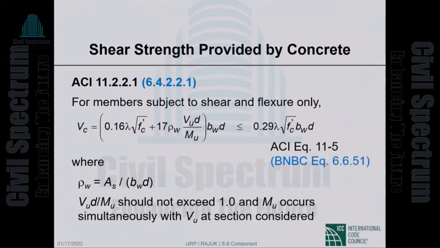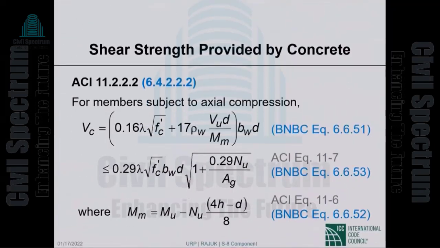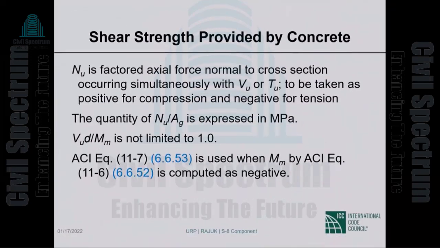This I'll skip. I'll let you read. Anyway, I don't want to spend time on the detailed expressions. I think they are understandable if you read them.